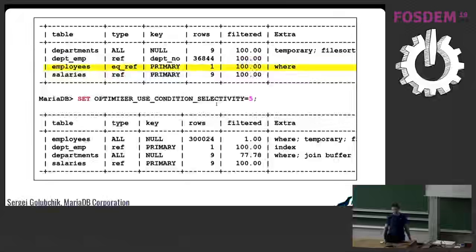Without sampling, you can see that the filtered column is 100%, because there are no histograms, no indexes, nothing that could help the optimizer to know anything about the data. With sampling, the optimizer can realize that there are indeed very few rows that match that WHERE clause, and it joins tables in a different order, and this is a 12 times speedup.